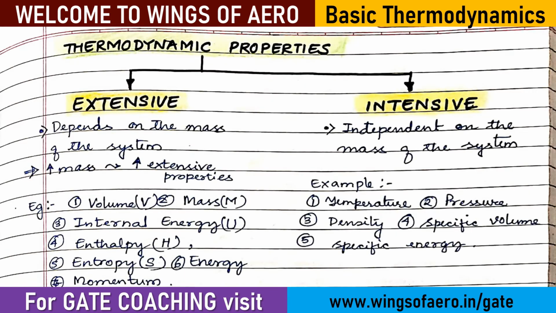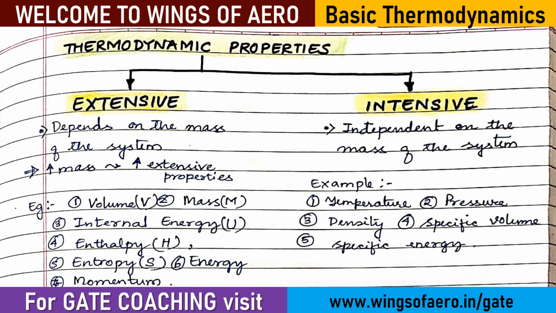Now, very importantly, thermodynamic properties. This is very, very important, not only for this particular topic, but even in future when you go more deep into propulsion. You should know the difference between the extensive and the intensive property, and how they vary with the parameter of mass.